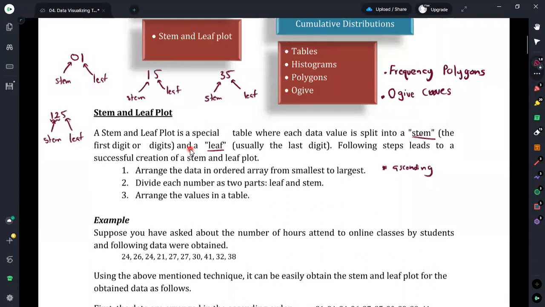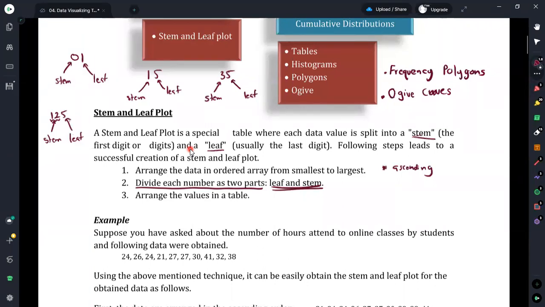Therefore, first we rearrange the data in ascending order of their values, and thereafter we separate each number into two parts, what we previously discussed as the leaf and the stem. Usually the leaf is the last digit, and the remaining digits fall under the stem.